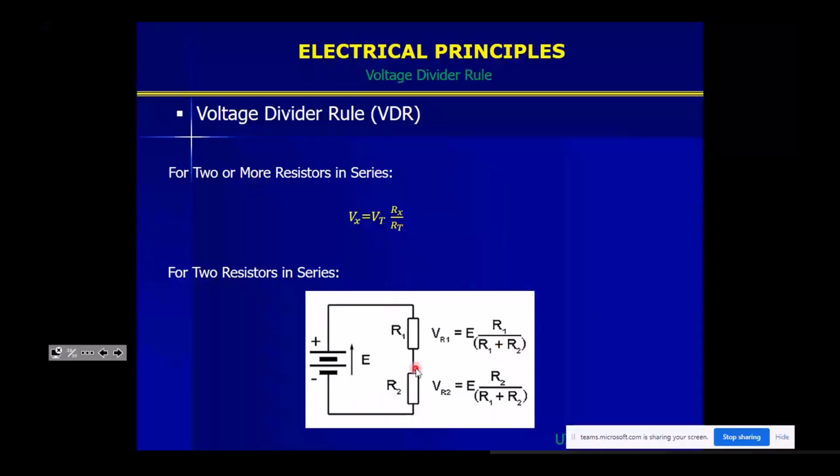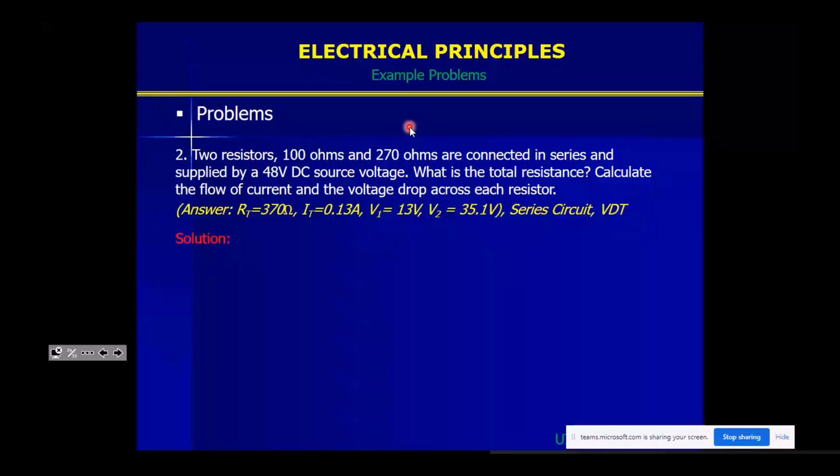And looking for V2, look carefully at the formula. Take the total voltage times R2, over the sum of the two resistors. You will use this formula for two resistors, and it actually comes from the general formula. This is called the voltage divider rule. I will give examples later. So I will proceed to the parallel circuit.